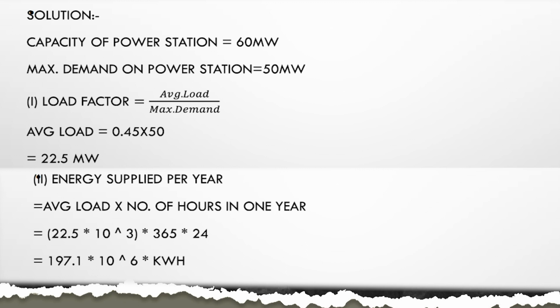The average load is already calculated, that is 22.5 megawatt. Now I am converting megawatts to kilowatts: 22.5 into 10 power 3 kilowatt, into the number of hours in 1 year. We know 1 year has 365 days and each day has 24 hours. So 365 into 24 hours, and the value is 197.1 into 10 power 6 kilowatt hour.